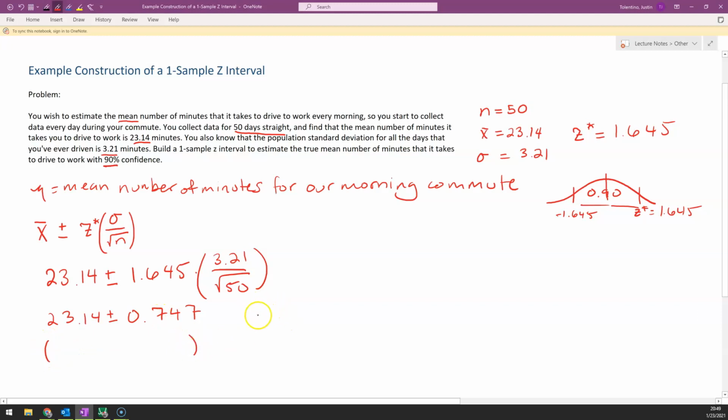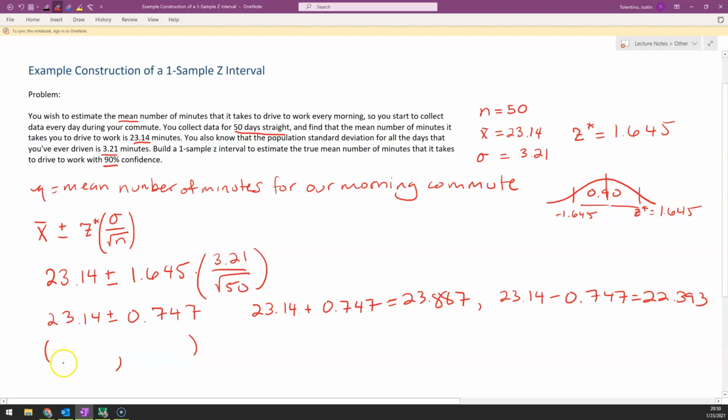So if we do the plus version first, 23.14 plus 0.747, this is going to give us the upper value, which is 23.887. And if we do the minus version of this, so we'll change that to a minus and go down by our margin of error, this will give us our lower value, our lower bound, which is 22.393.